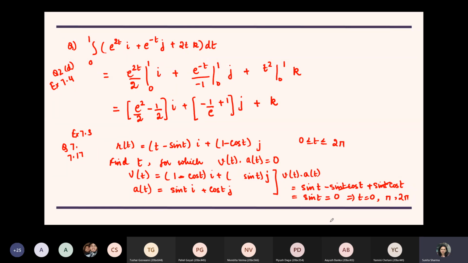So at these three values of t, your velocity and acceleration vectors are going to be orthogonal. So this is an application of dot product which is used in this question.